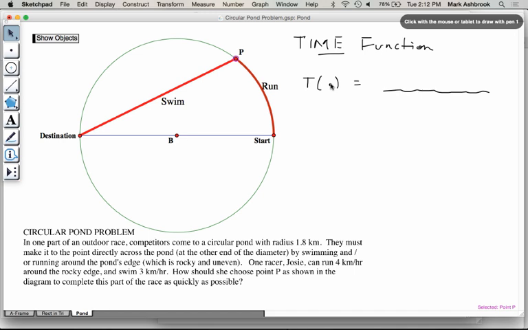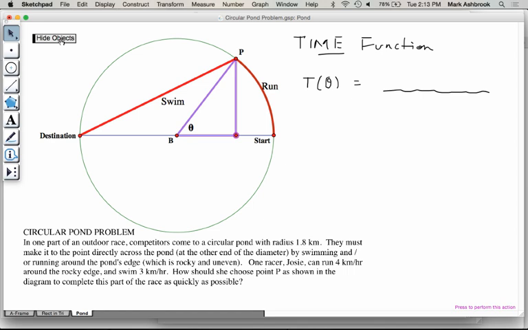Radius length around a circle is angle measure, right? So this distance right here, if we measure that in radius lengths, that's the angle measure swept from the positive x-axis. So we do time as a function of theta.